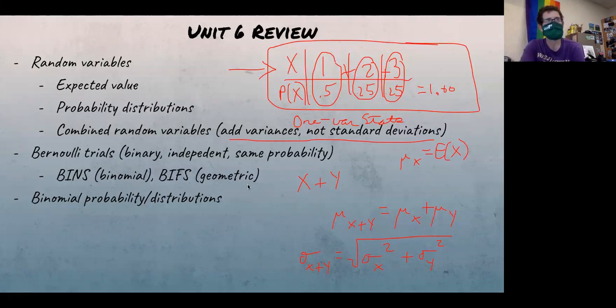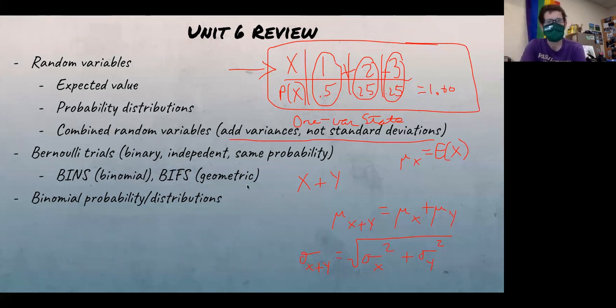Geometric is going to say, what is the probability that the first success is the third time? Or kind of a hidden way of doing this is, what's the probability that someone takes at least 4 times, tries 4 times before they succeed? So that's the probability that they don't succeed the first, second, third, or fourth try. Anything after that is fine.